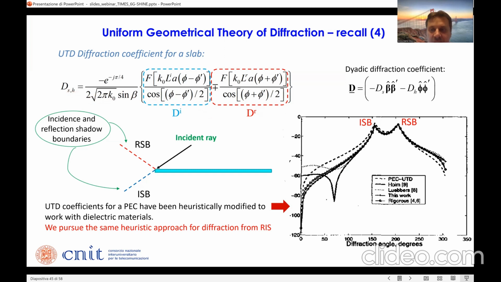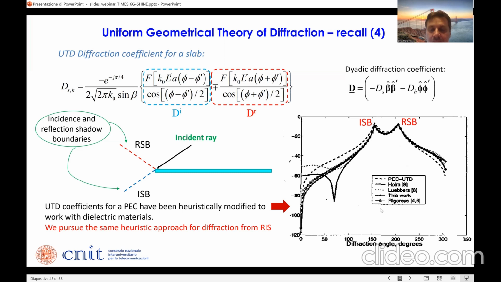This theory is usually applied to the case of perfectly electrically conducting materials, PEC, but in recent works, it has been heuristically modified, for example, to model diffraction for other kinds of materials, like dielectric materials.